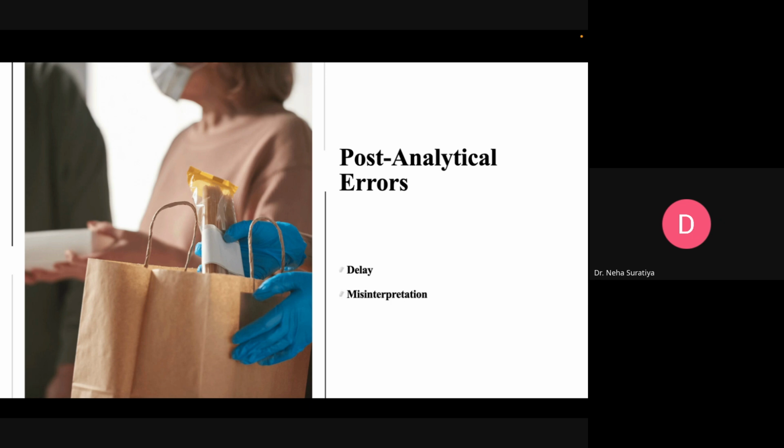For example, a critical value, which is very important for the patient's treatment, may be missed if it is read as a routine report and the proper alert systems are not in place. So it should be there, right? Human interpretation plays a major role in this phase, guys. So delays and misinterpretations are the post analytical errors.